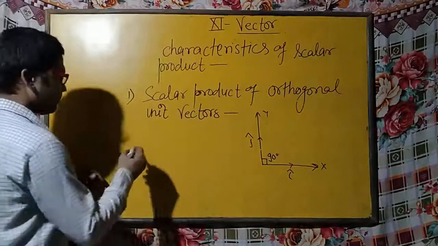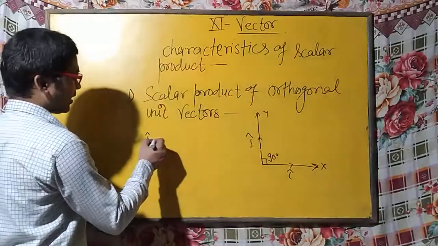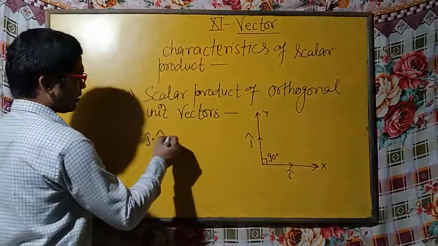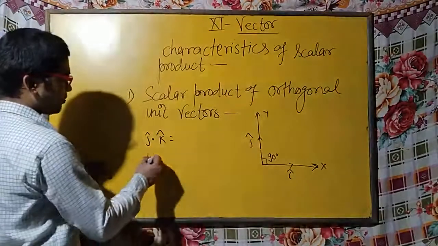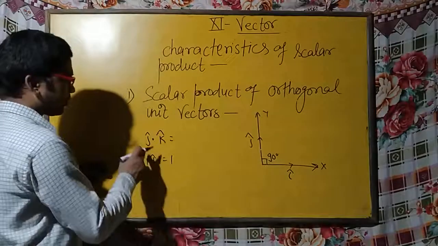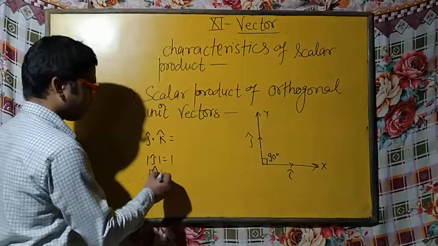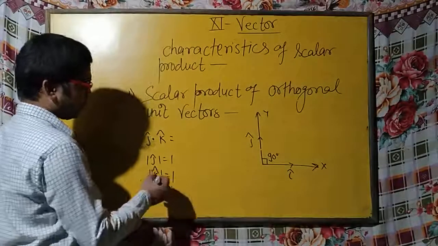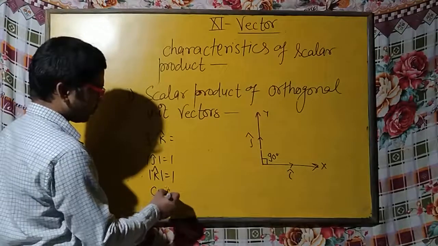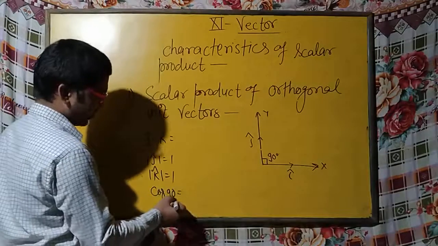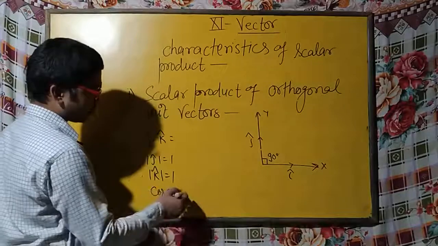So let's see another case. If you take j dot k, the magnitude of j is again 1. I am talking about the unit vectors j and k, and the magnitude of k is 1, but cos of the angle between them is cos 90, which is 0.